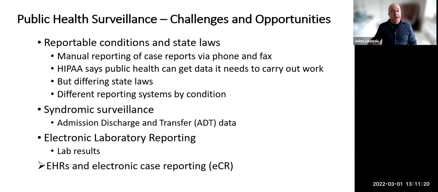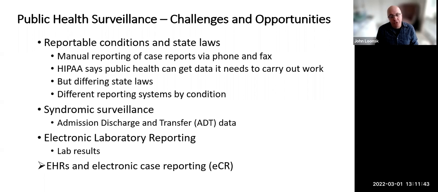So public health had made efforts in electronic surveillance, and they included, for example, syndromic surveillance, where admission, discharge, and transfer data were shared because they were electronic, they were available. The ADT systems have been electronic for some time because they make billing more efficient, among other reasons.